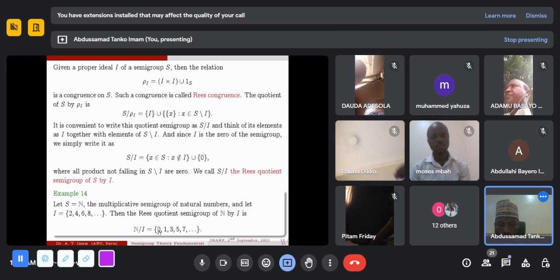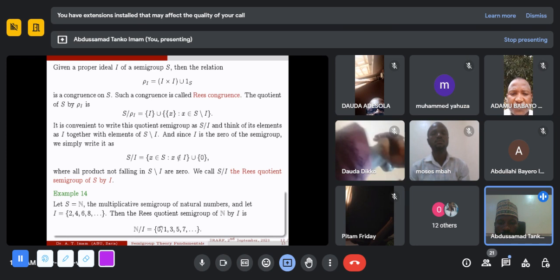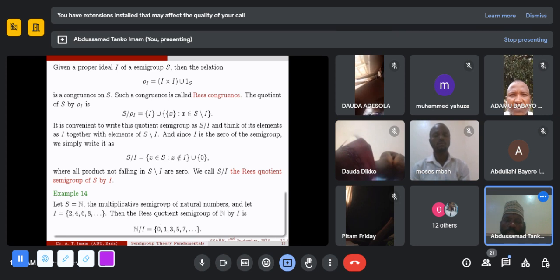Because we have already called this zero, this is now a semigroup with zero. This zero is not literally zero, so to say; it is the entire ideal that we refer to as zero. This is the entire subset of the even integers. We call it zero because it acts as zero. And so this is what is called the Rees quotient.